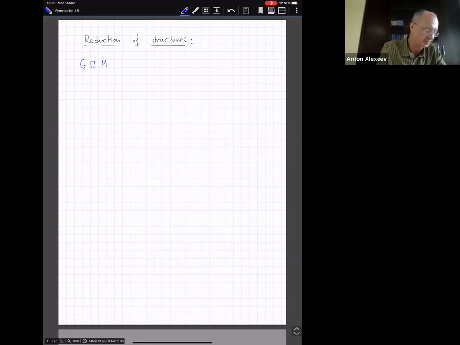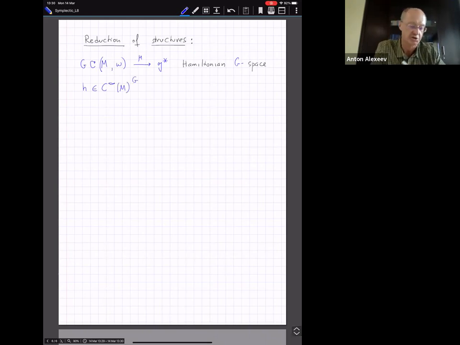So let me repeat the setup. So we have our Hamiltonian G space. And now we choose a function, say a smooth function on M, and we assume that it is invariant under the G action.